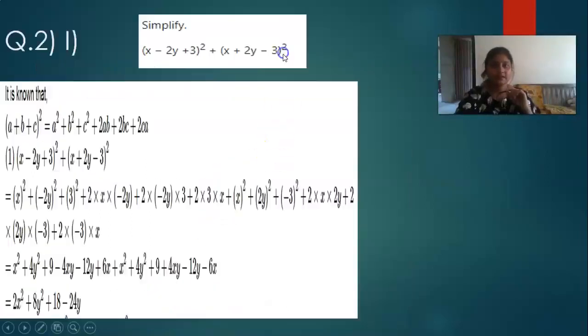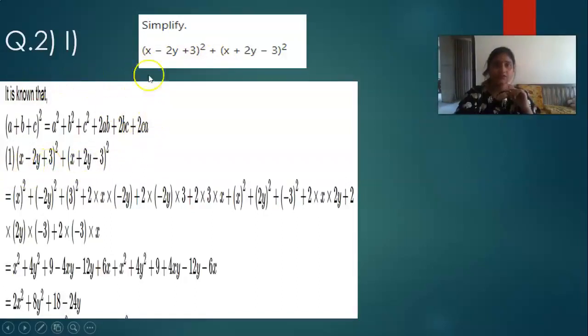Now let's see the next one. Question number 2, first sum is (x − 2y + 3)^2 + (x + 2y − 3)^2. Here we will apply this formula only. You try it at home. If you are unable to solve it, then we will do it later. But it is quite easy.